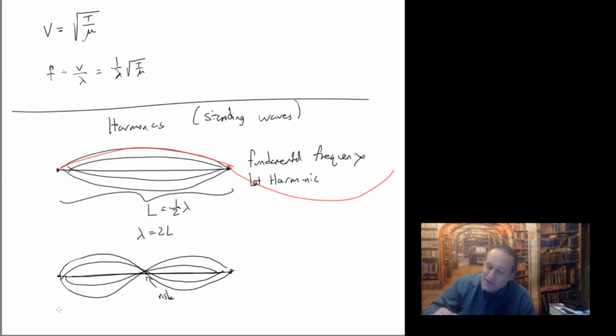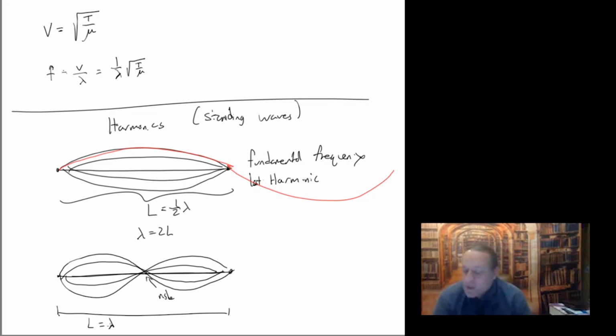So in this case, the length is just the wavelength. We get one complete wave happening here. This is called the second harmonic.